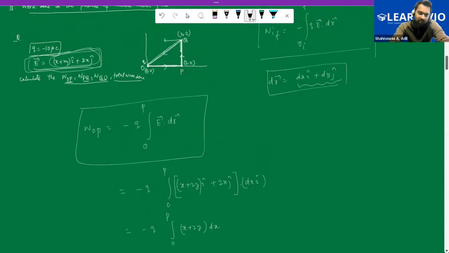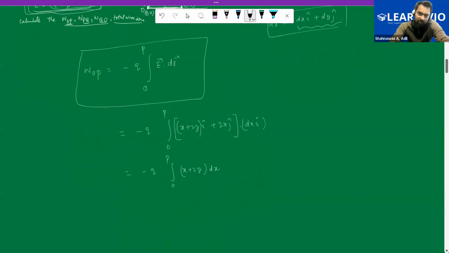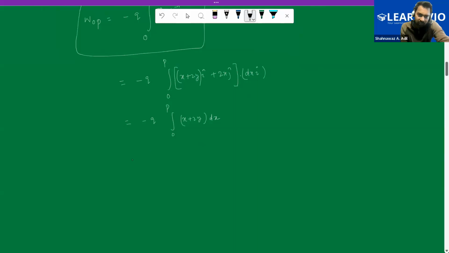From 0 to 2, right? It is going from 0 to 2.